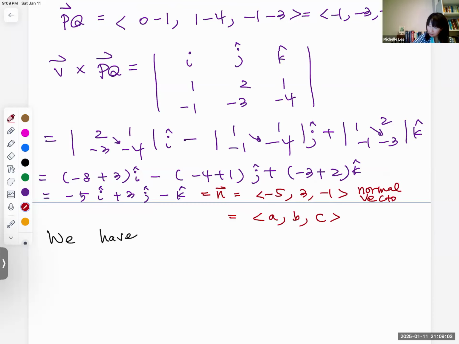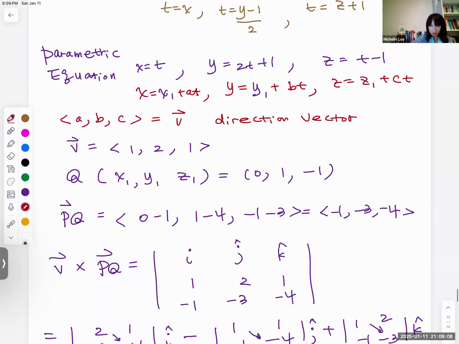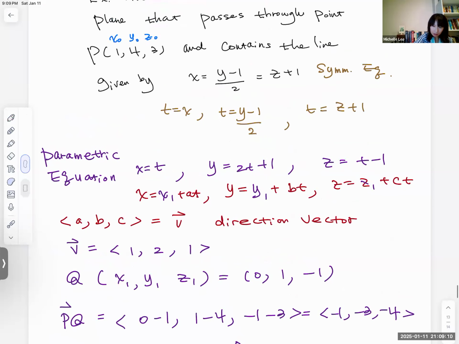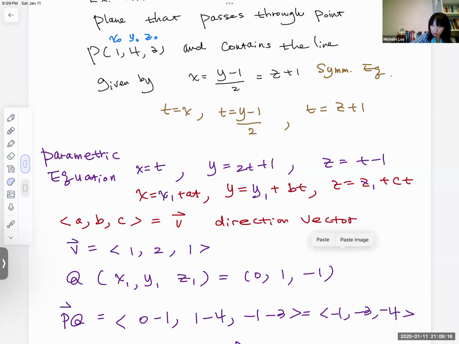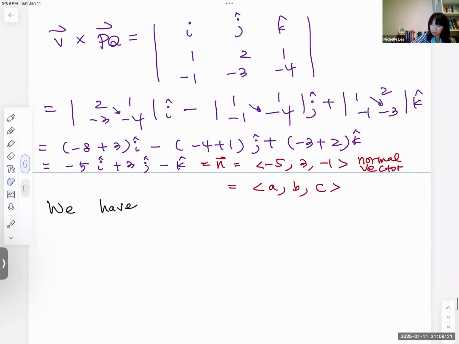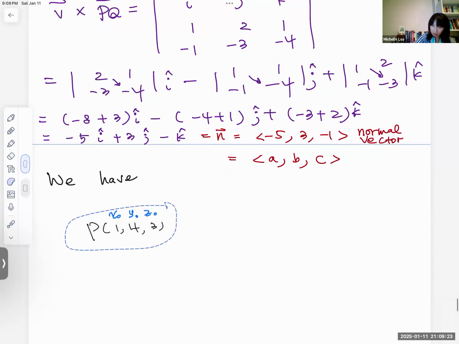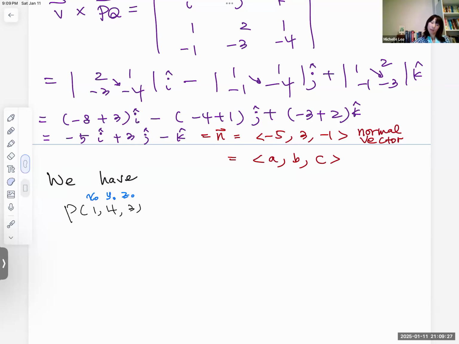we have x naught, y naught, z naught. Copy. Paste. And then we have the normal vector.